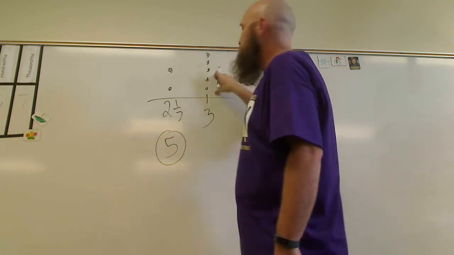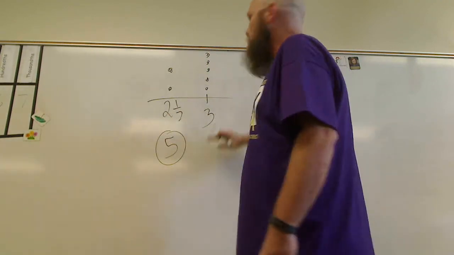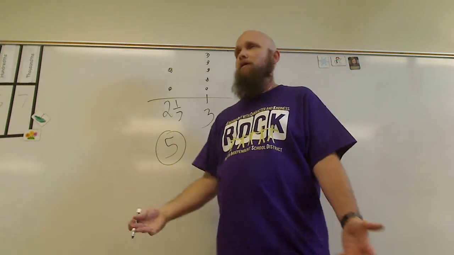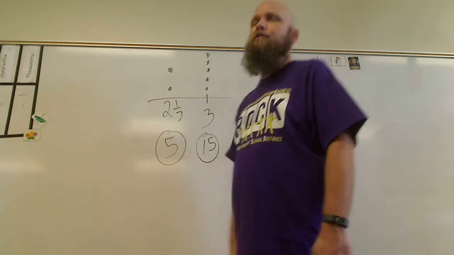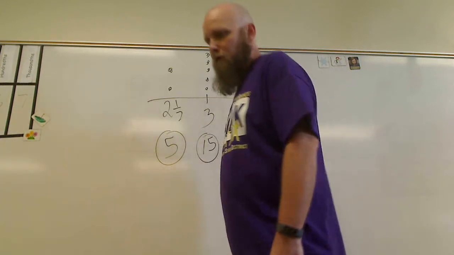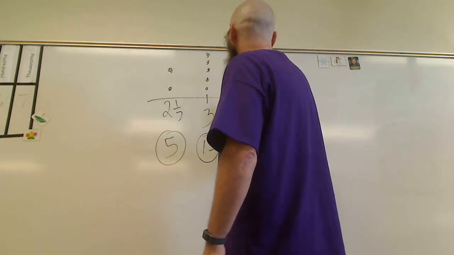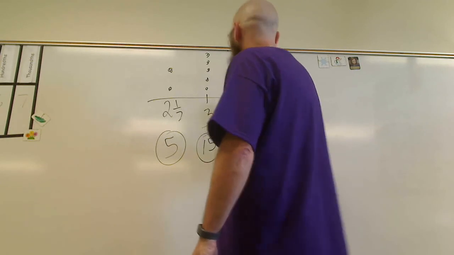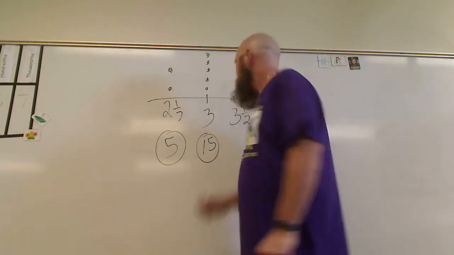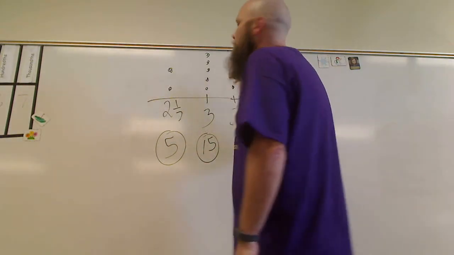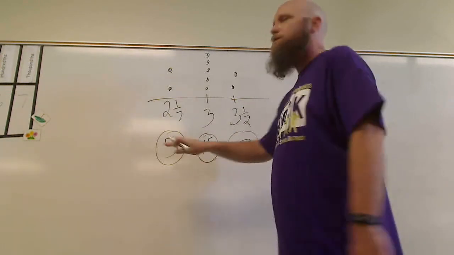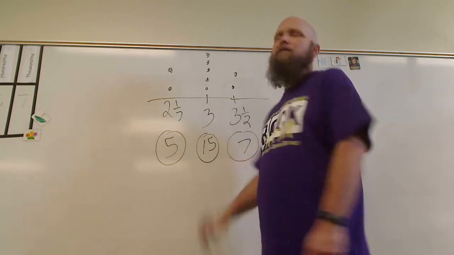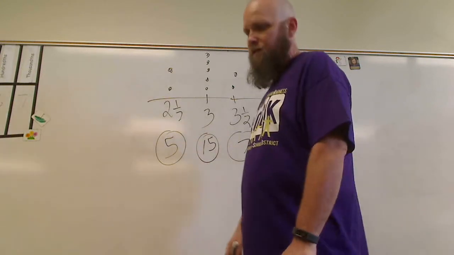So 5 different loaves required 3 cups. That's 15. So we're already at a total of 20. And then 3.5 has how many dots above it? 2. And 3.5 plus 3.5 is 7. So we have 5 plus 15 plus 7, which is 27. So our correct answer would be D.